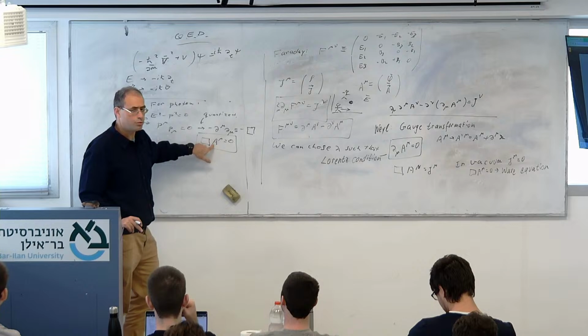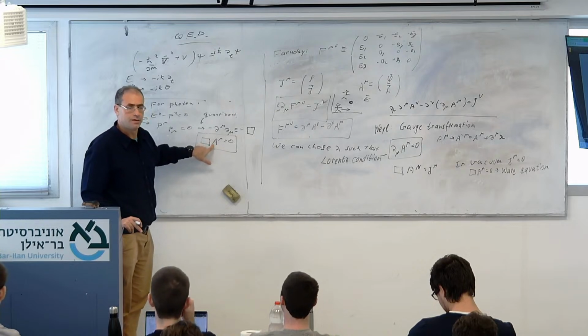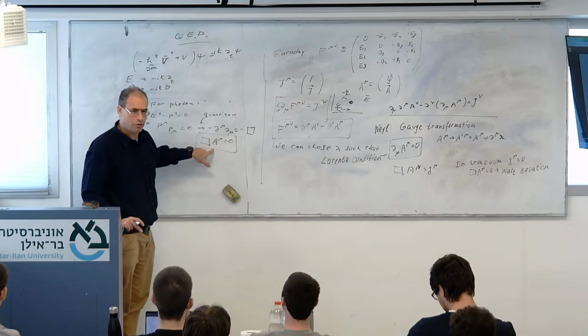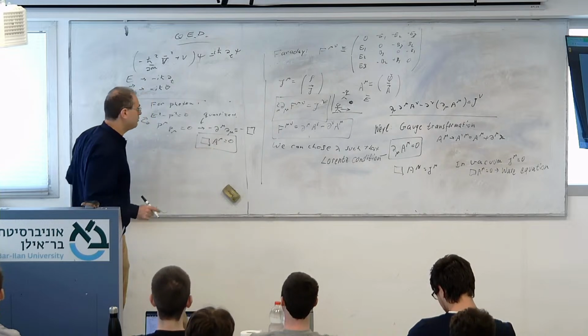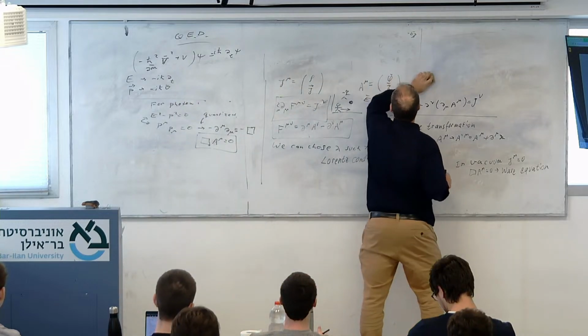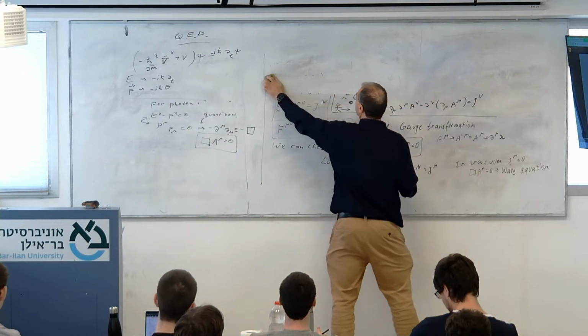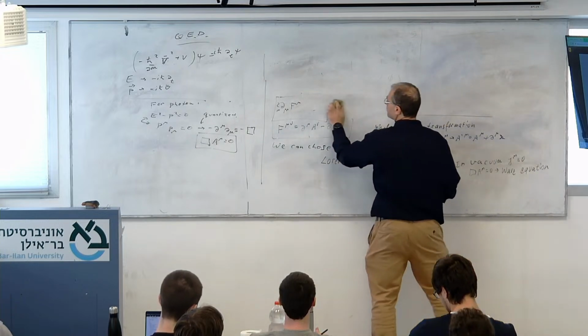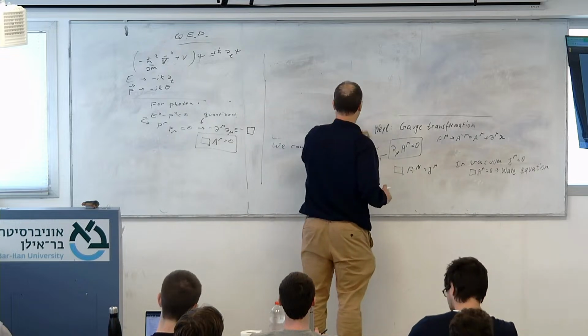So now we have a new interpretation. A mu is now interpreted as what? Wave function. As wave function of the photon, as opposed to the classical wave equation.